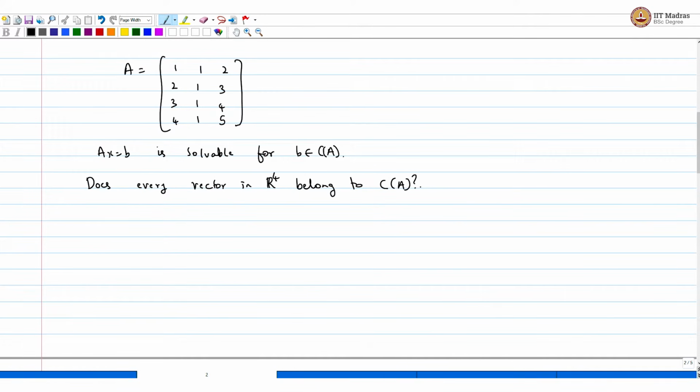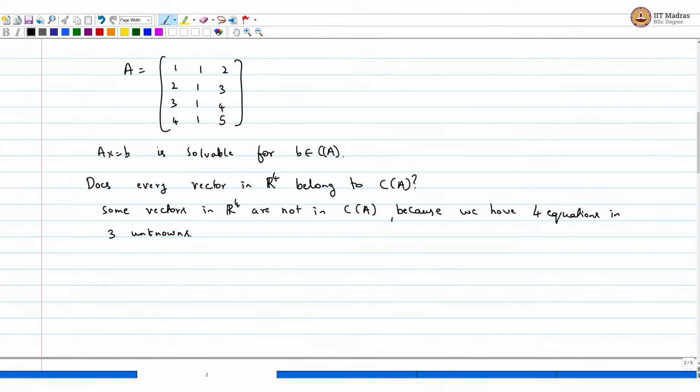The answer is no. Some vectors in R power 4 are not in the column space of A because what you have is 4 equations in 3 unknowns.